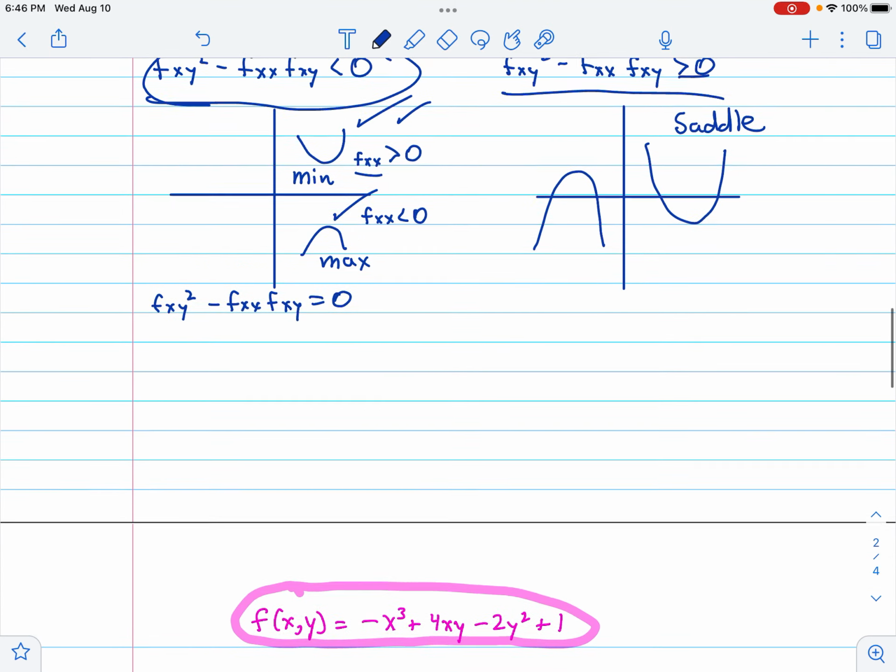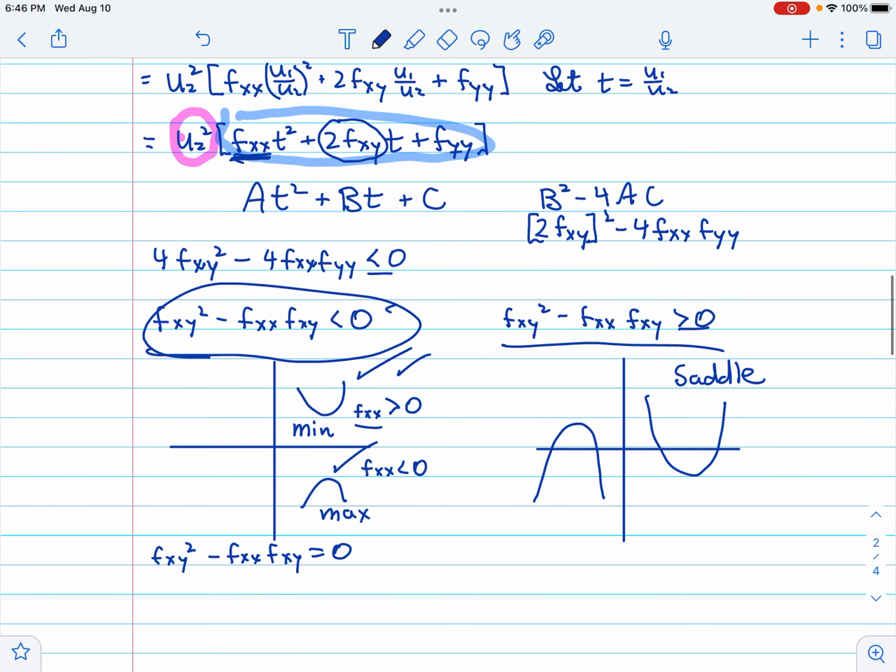Now remember, I just need all these parts. And actually, I messed up here. This is yy. Sorry about that. This is yy. I did it on both of those.